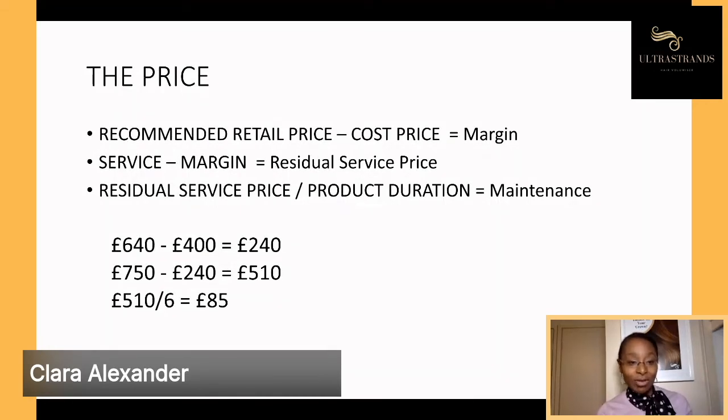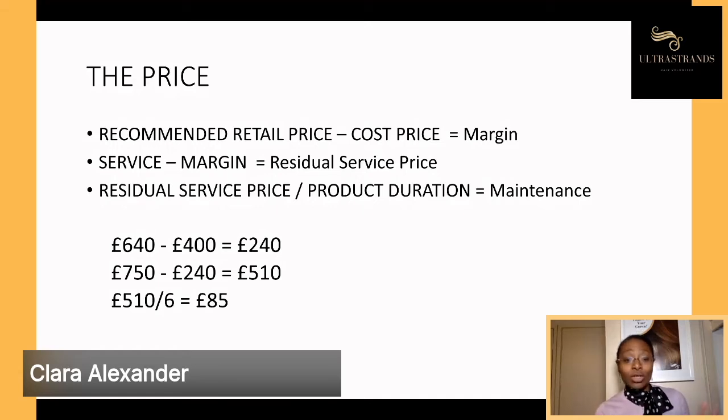So the service price, which was 750, which is what we calculated, take away the 240, which is the margin, gives us our residual service price. And the other thing is, with my residual service price, if I divide that by the number of times that they need to come in, what then is that going to equate to from a maintenance perspective?